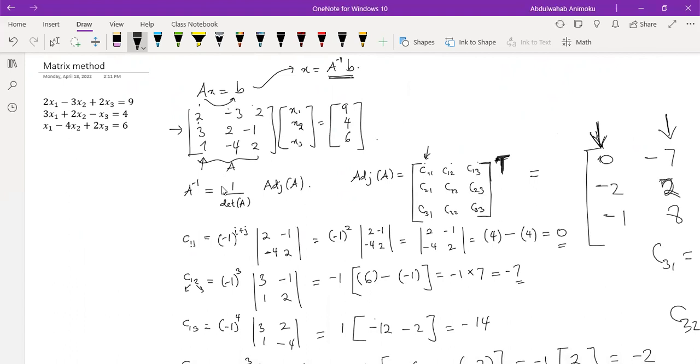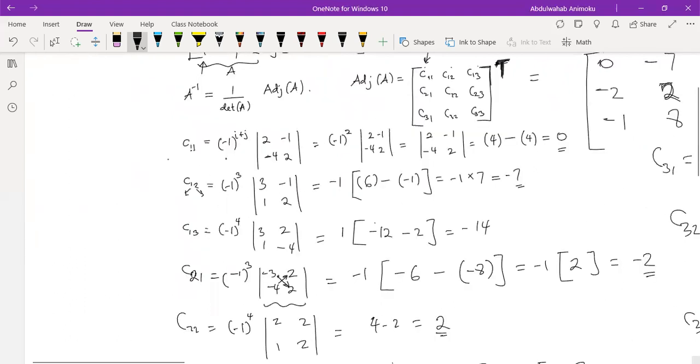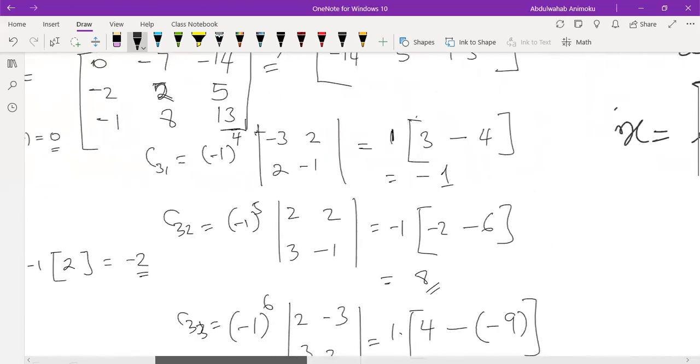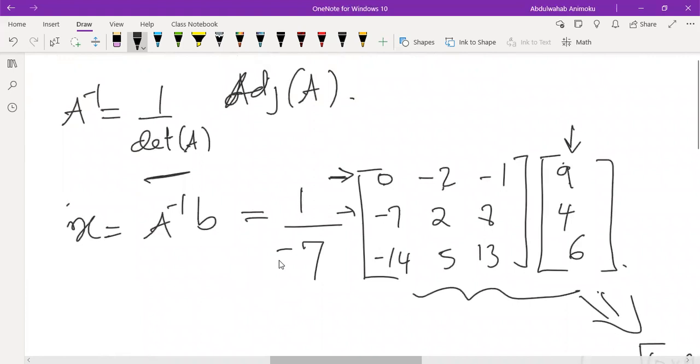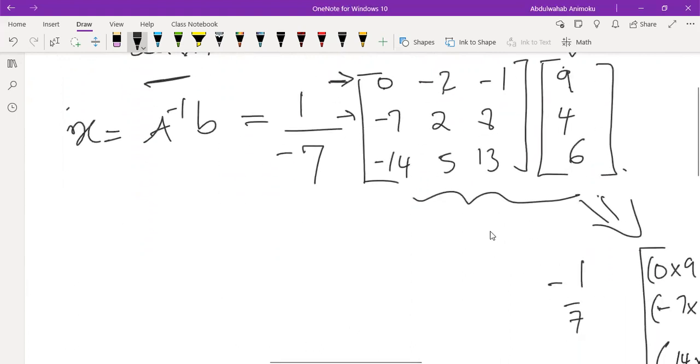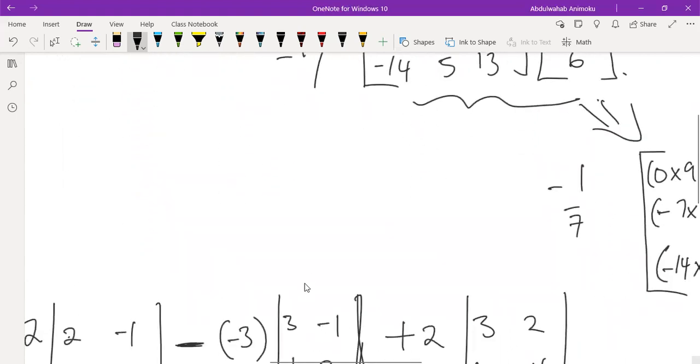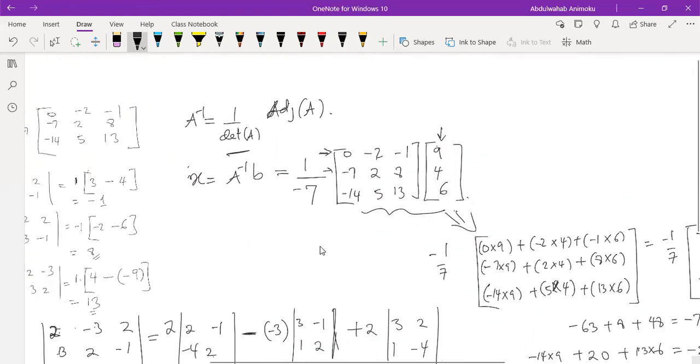And in order to find the cofactors, you need to use the method I've just explained, outlined down below. Once you've done this, it's easy to find the inverse of A. The next thing you have to do is multiply the inverse of A with B in order to find your X, and then you just follow through the multiplication, and you get the final answer, right?